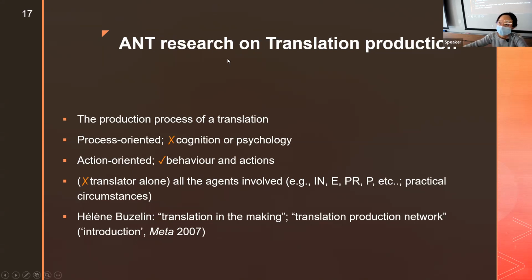This is what Elena Buzelin called translation in the making, or the translation production network.